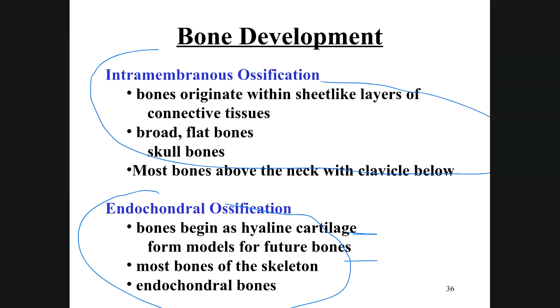You have mesenchymal stem cells that get together and develop into osteoblasts. They lay down the bone and form spicules, blood vessels enter, and you get your trabeculae, spongy bone development, and you get diploë.